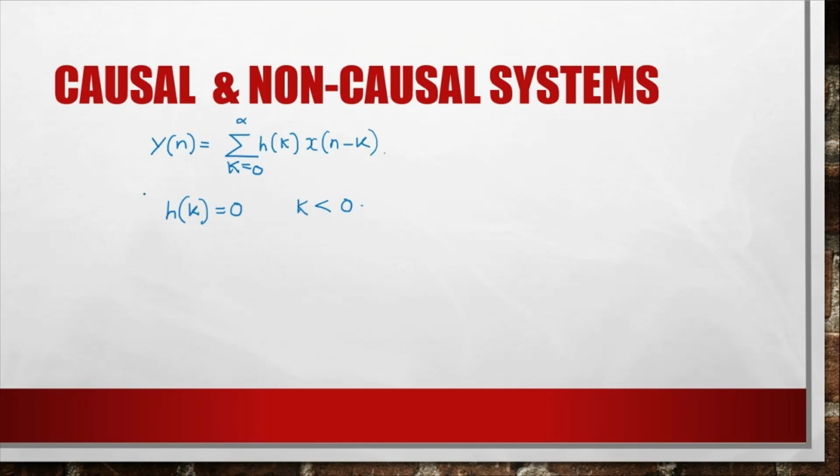That type of system will be the causal system. So, an LTI system is causal if and only if its impulse response is 0 for negative values of time or sequences. From here there comes another definition.